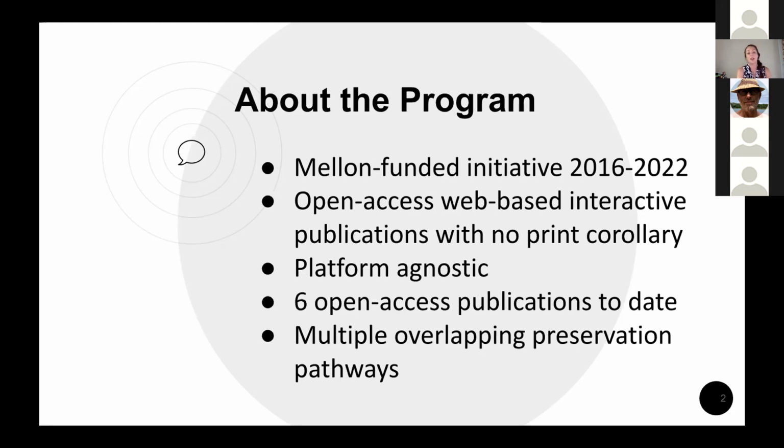It's also open source. The fact that three of our publications share that platform helps somewhat with preservation: if we can preserve one publication on that platform, then we can possibly apply those practices to preserving the other publications on that platform.